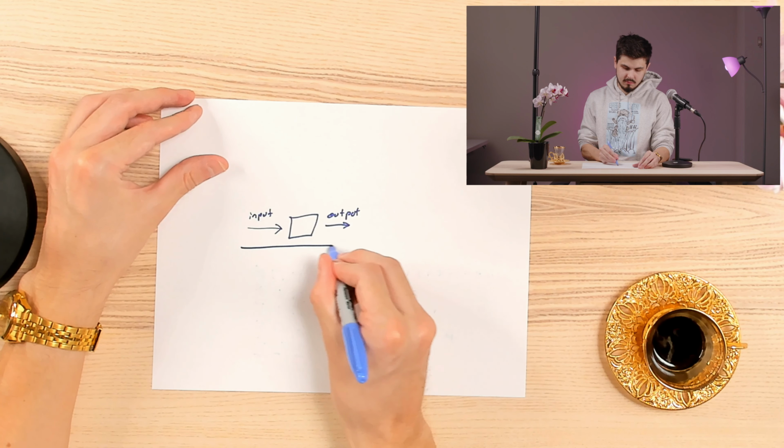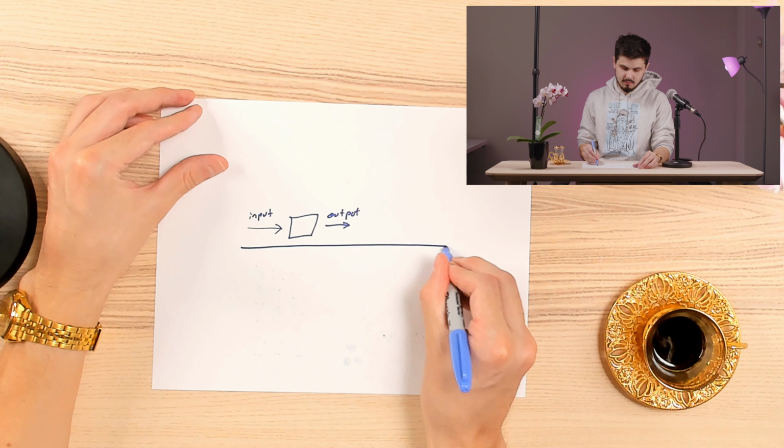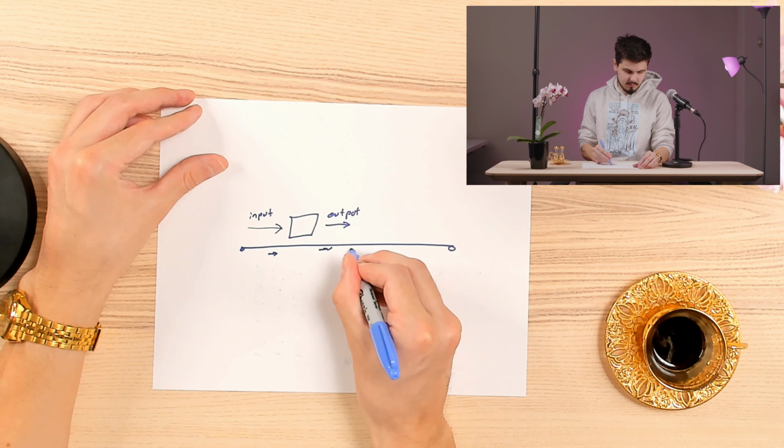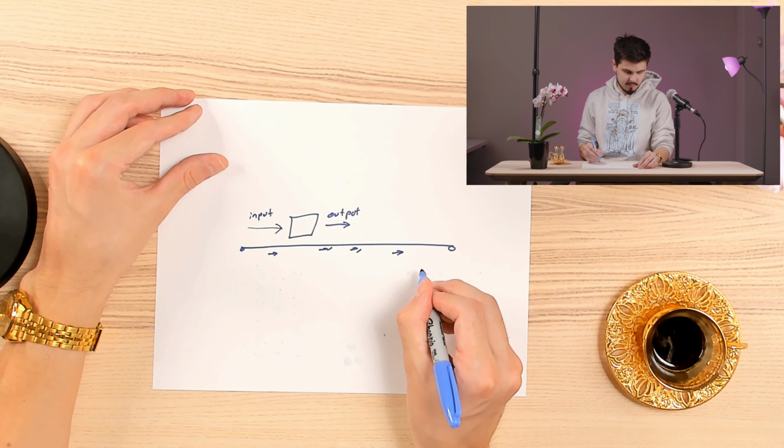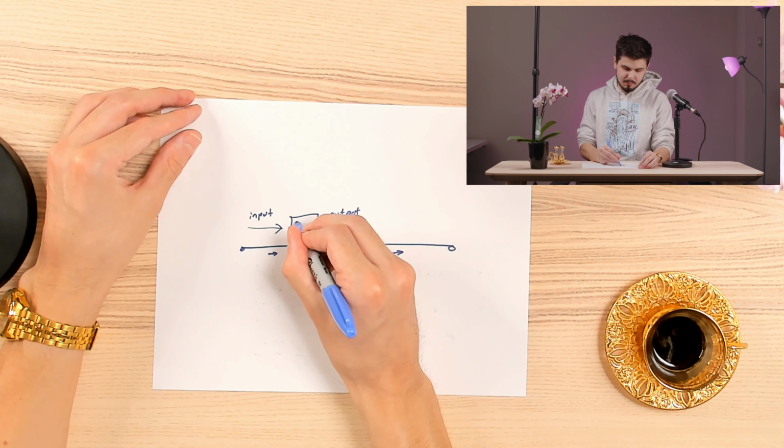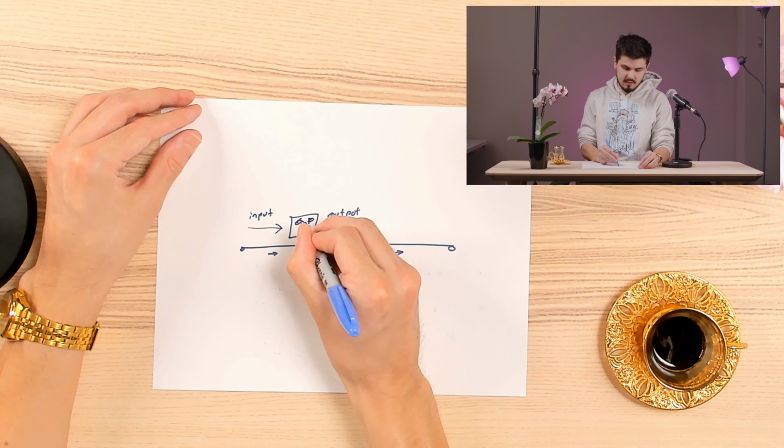I think of a function as a little machine on a conveyor belt. Here's some little gears. And there's our little machine.